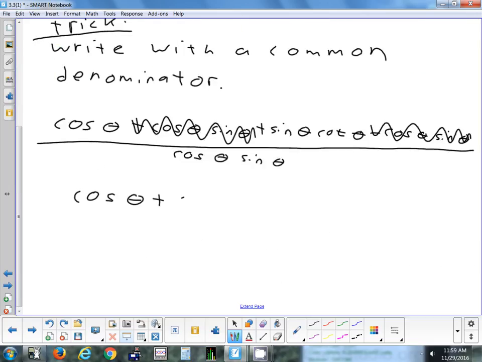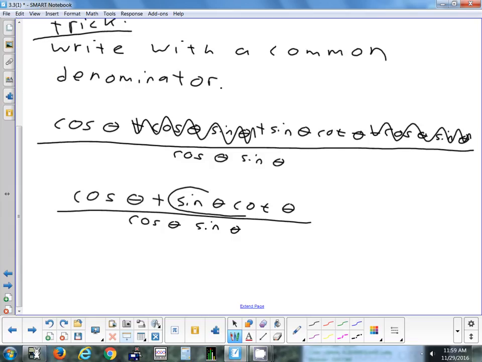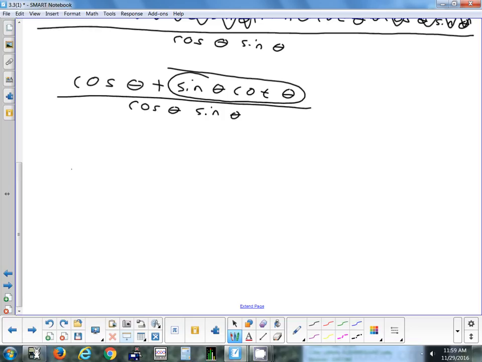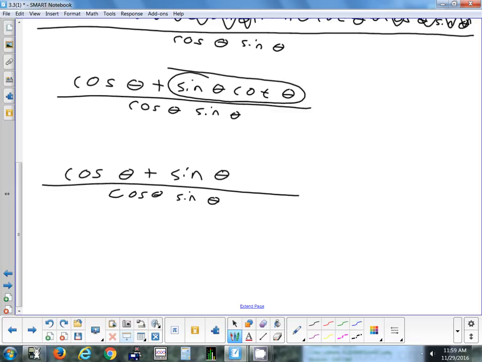Cosine plus sine times cotangent over cosine times sine. Now, I'm looking at that because it has something in it that's not a sine or a cosine. Cotangent. What can you change cotangent to? Keep everything else the same.